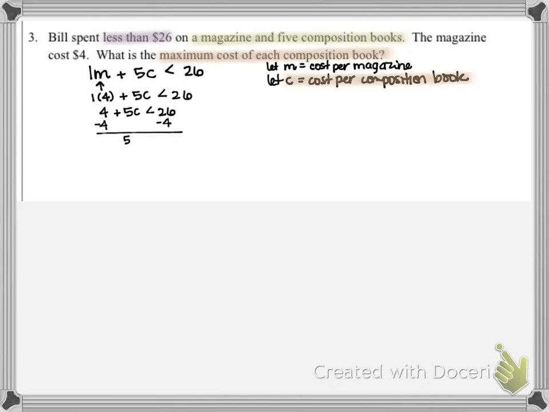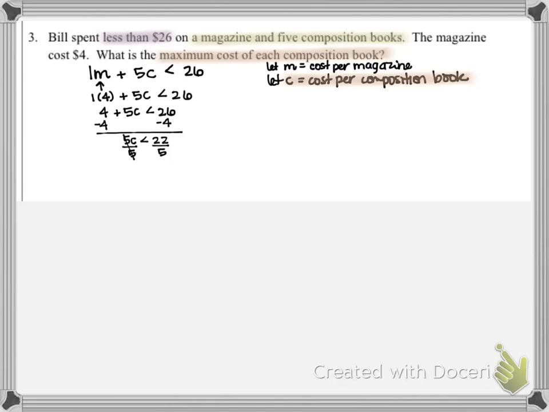So it's going to give me 5c is less than, I'm going to subtract, that's going to give me 22. Let's see, I'm going to divide by 5. Here's when I'm really paying attention. I have to ask myself, this division that I'm doing right now, is it a negative number that I'm dividing by?